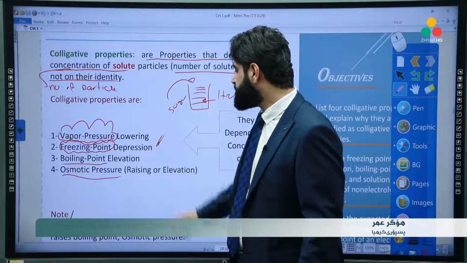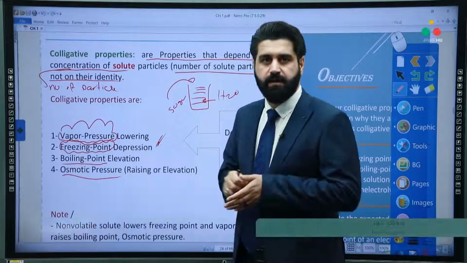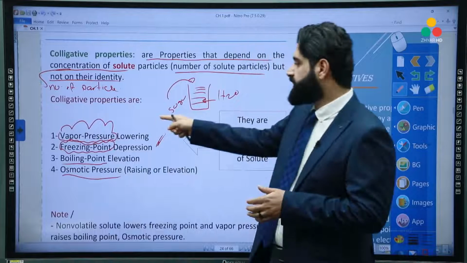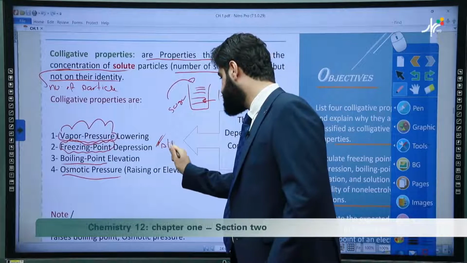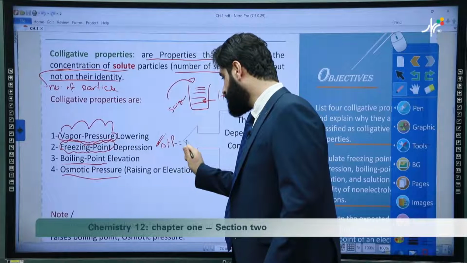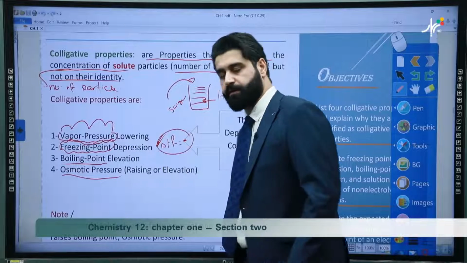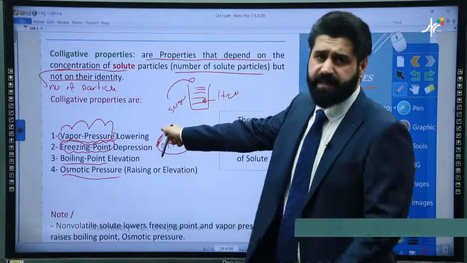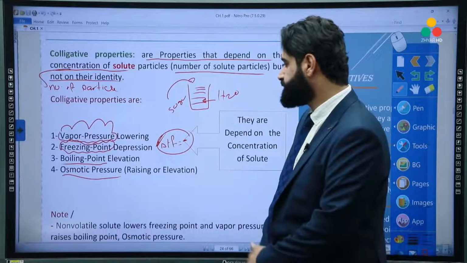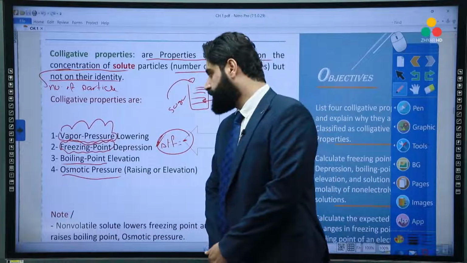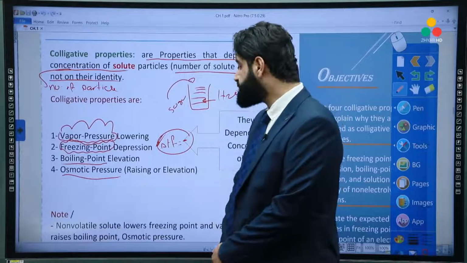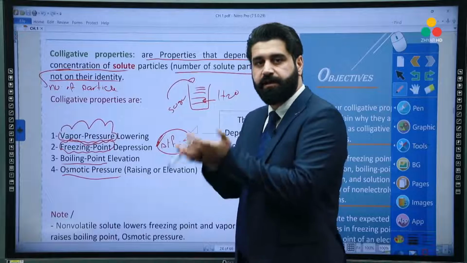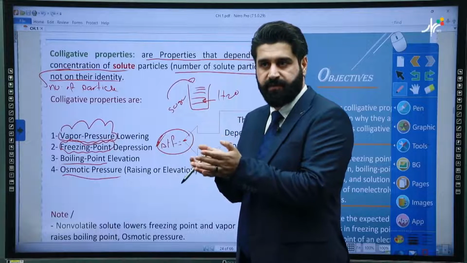Freezing point depression, it means freezing point will decrease, same as the first point. Freezing point depression means delta TF, and it's always negative. Remember, it must be negative, always. Third point, boiling point. What will happen to boiling point? It increases, it rises, it elevates.